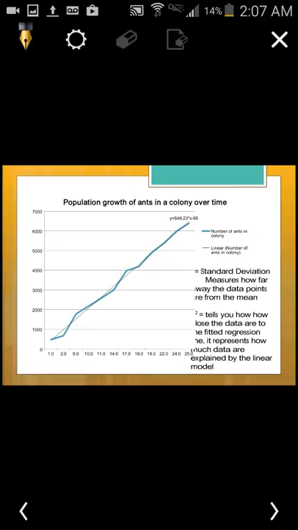Population growth of ants in a colony over time. So time would be here. And yeah, the x-axis is definitely the part that's independent. So time is independent.